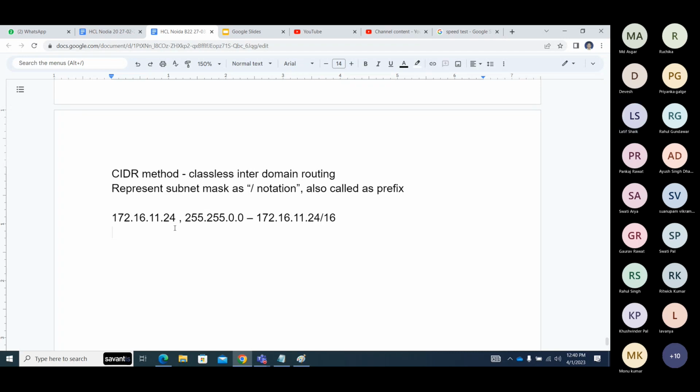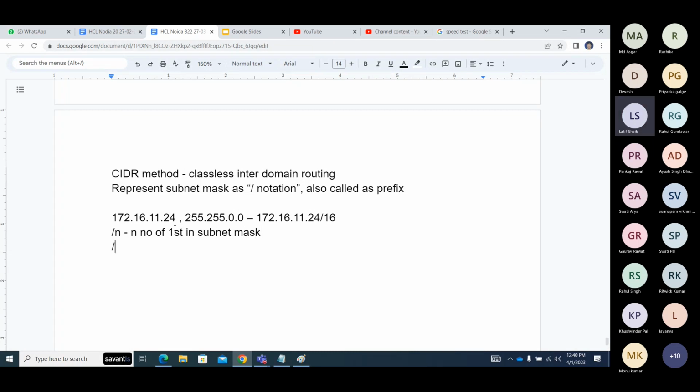Look here, /n means n is the number of ones in the subnet mask.